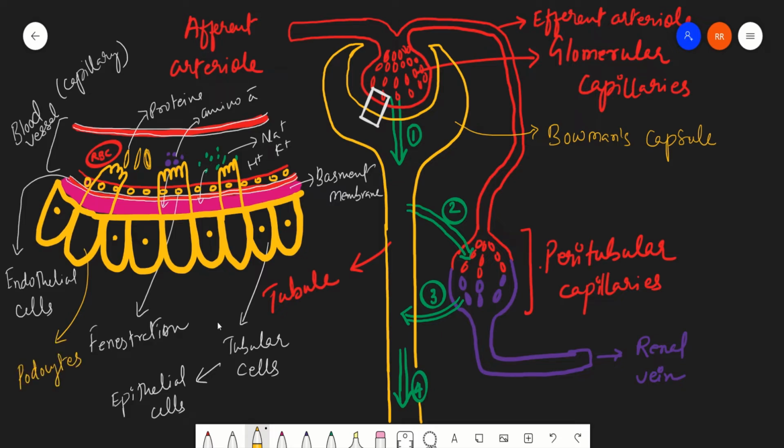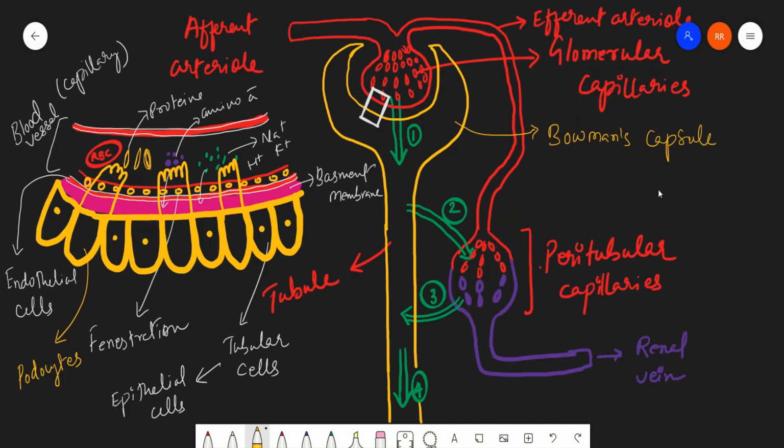So the tubular cells will have epithelial cells and podocytes, and these podocytes will hug the endothelial cells of the blood vessels together, so that they are in close proximity with the tubular cells. So this is the closer view of the junction between the arteries and the Bowman's capsule.